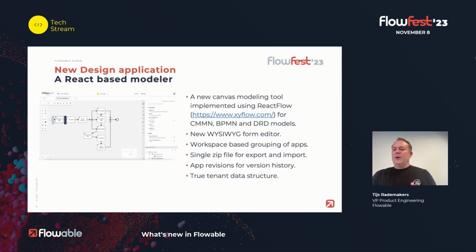Then we also introduced a new concept, which we call workspaces. If you create an app, it's always part of a workspace. So that's your starting point, and a workspace is just a grouping of apps, basically. But a workspace is also something you can use for reusable models.